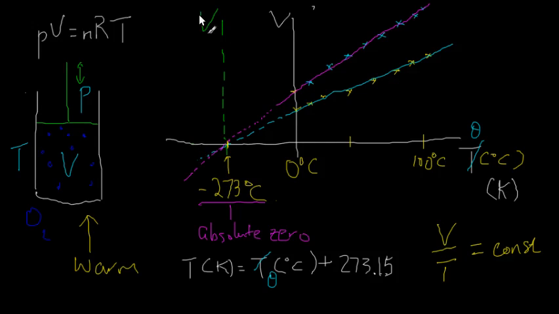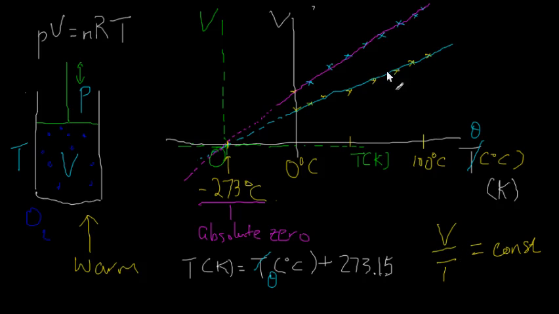That's my V. And the horizontal axis, instead of degrees Celsius, would be Kelvin, and that will be the new origin of my graph. So if I have this as the new axes, all of my volume temperature graphs would go through 0. Which is why the volume over temperature is a constant, right?